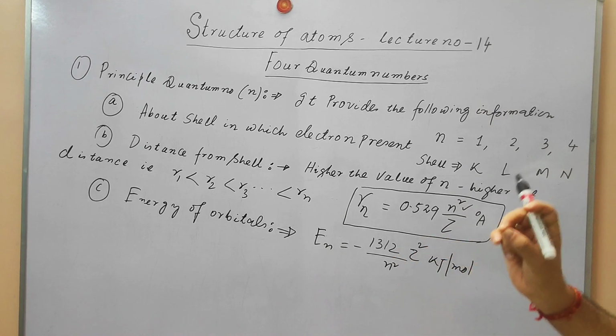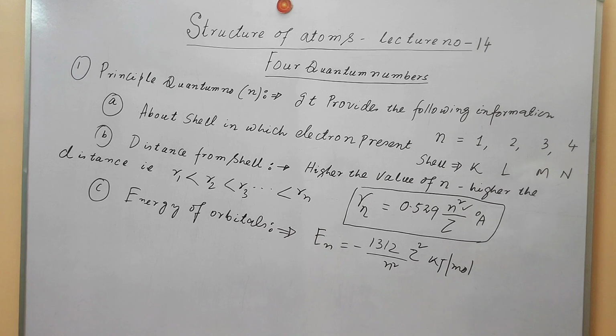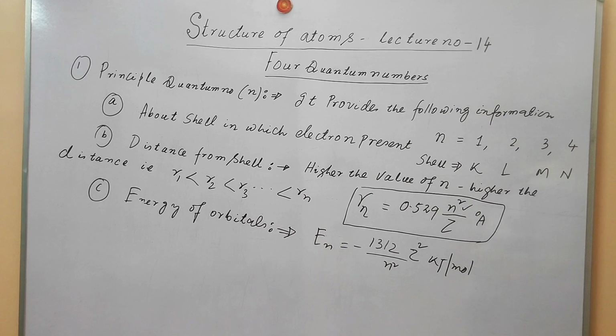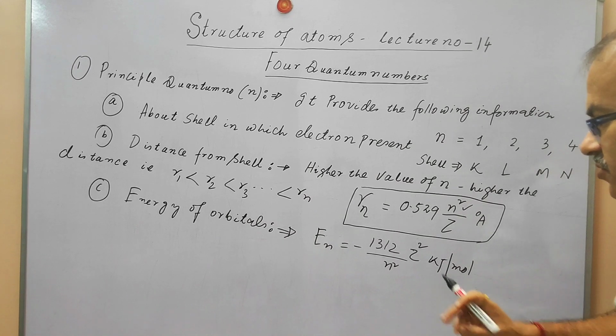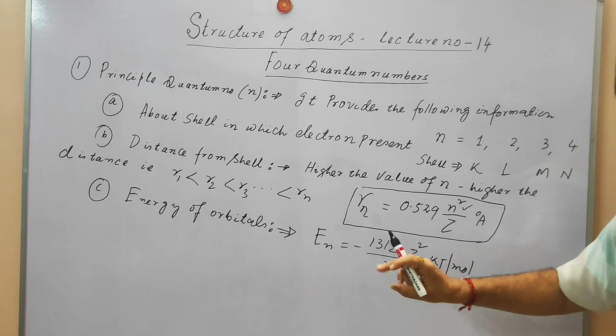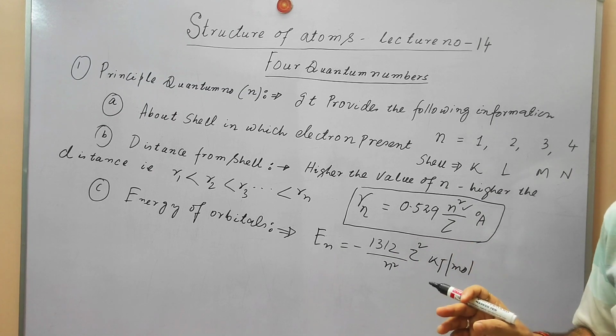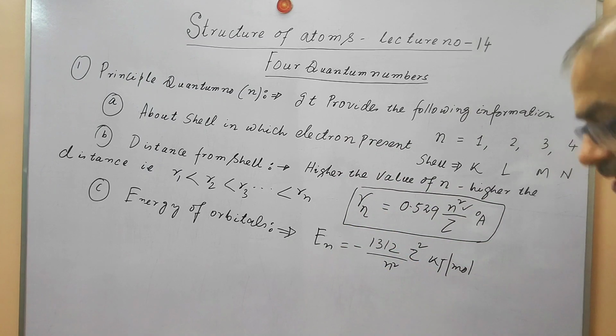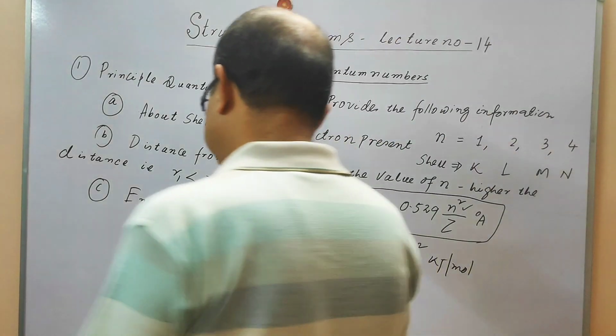So as the principal quantum number increases, the energy of the orbitals goes on increasing, because the value is less negative, meaning higher energy. So we get three pieces of information: the shell, the distance of the shell, and the energy of the orbitals.